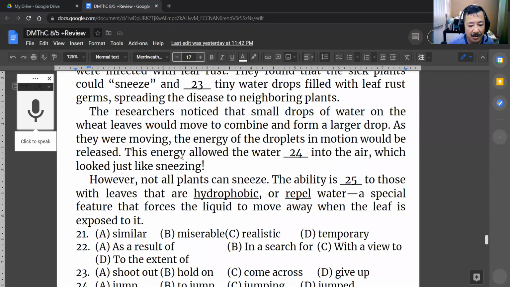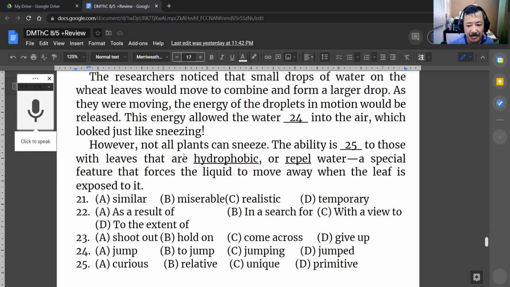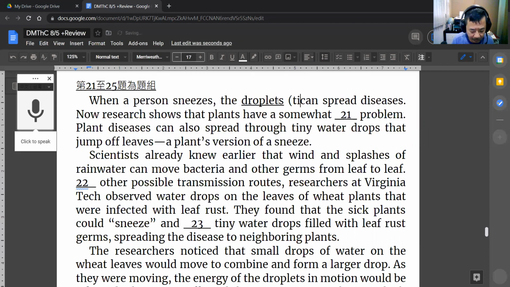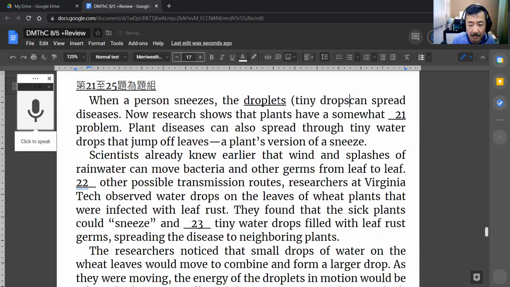This is another cloze question, so let's do it, okay? When a person sneezes, the droplets can spread diseases. So droplets are just tiny drops of liquid, water or whatever it is that comes out of our mouth, right?